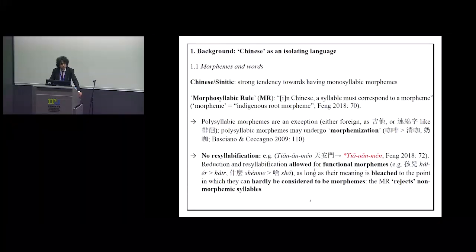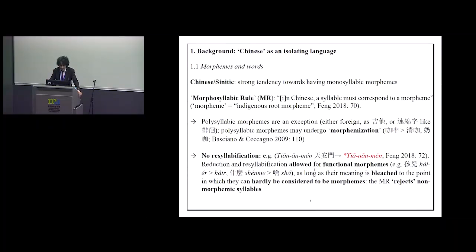And also, one of the effects of this stability of syllable and morpheme boundaries is that you tend to have no resyllabification. So a word like Tiananmen stays Tiananmen. It doesn't get resyllabified, as would be the case in many other languages.